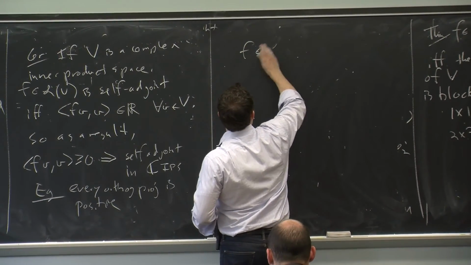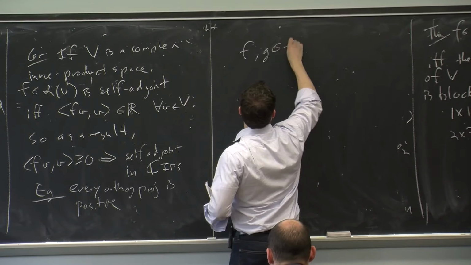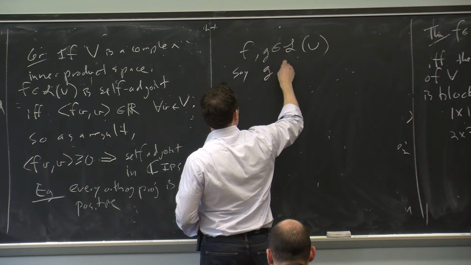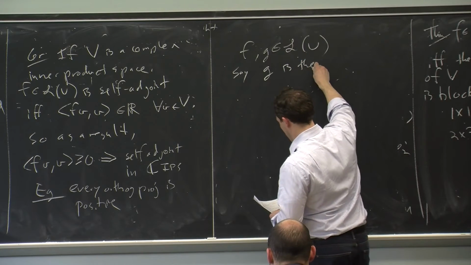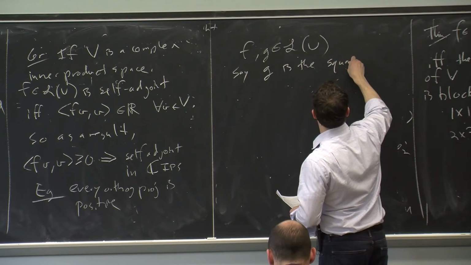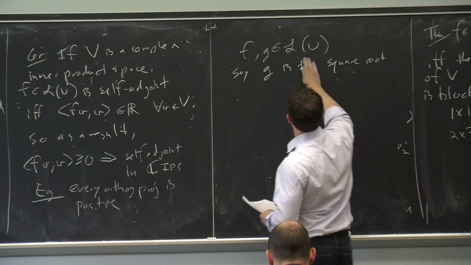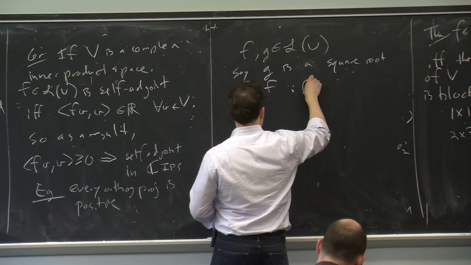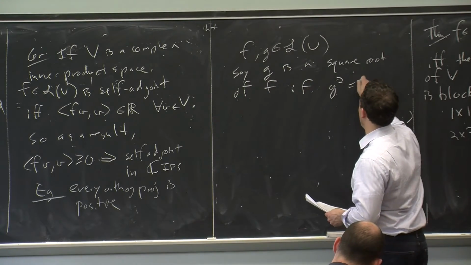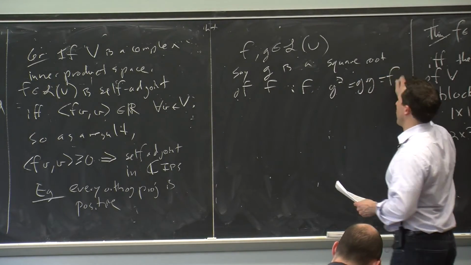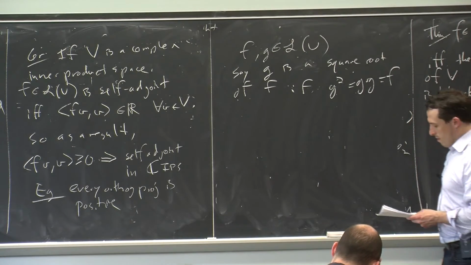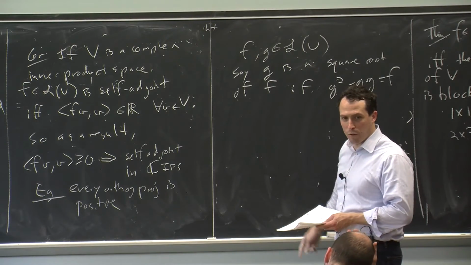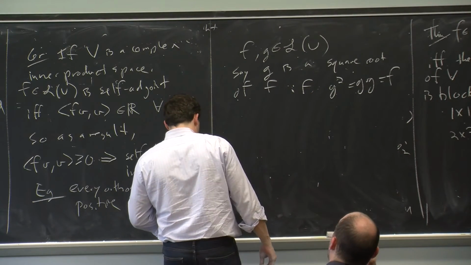Suppose F and G are linear operators. We say that G is a square root of F if, well, the obvious thing, G squared, that is G composed with G, is equal to F, applying G twice. Then some operators, if they're idempotent, like a projection operator, are already their own square root by that definition.